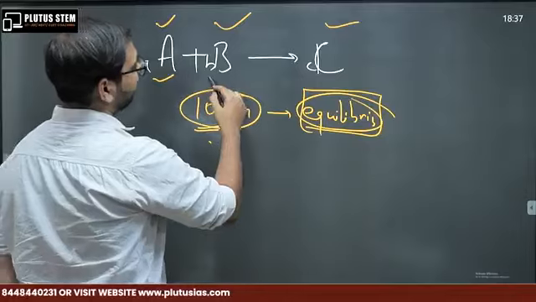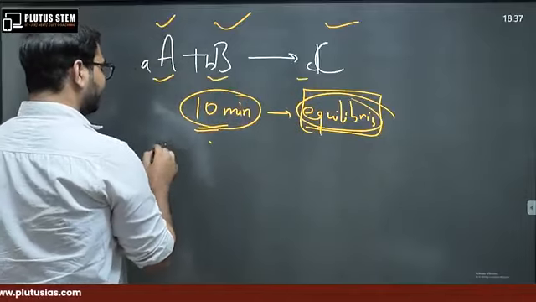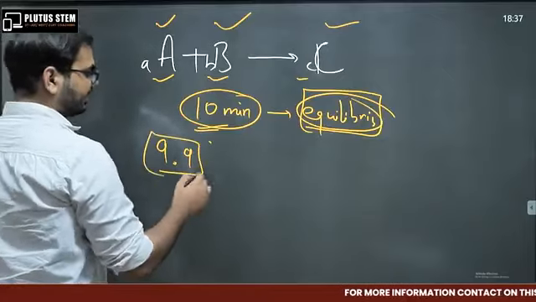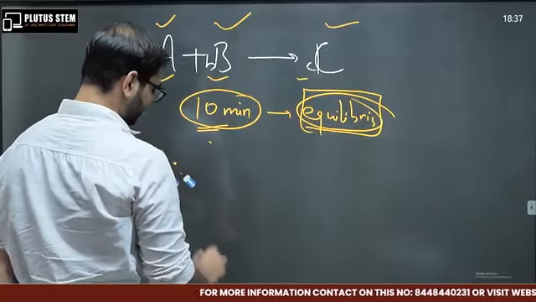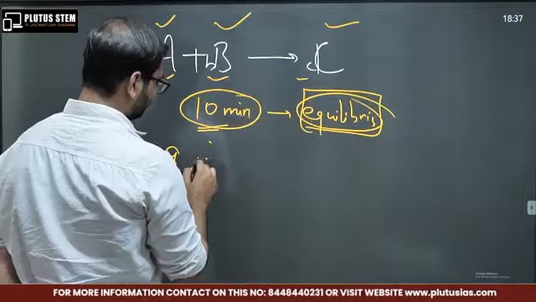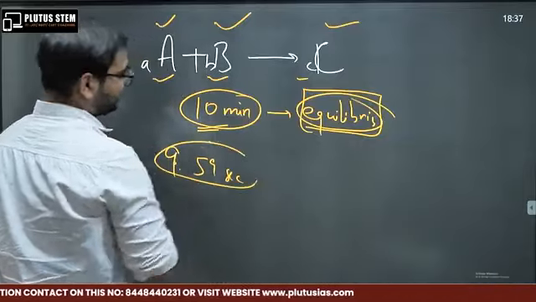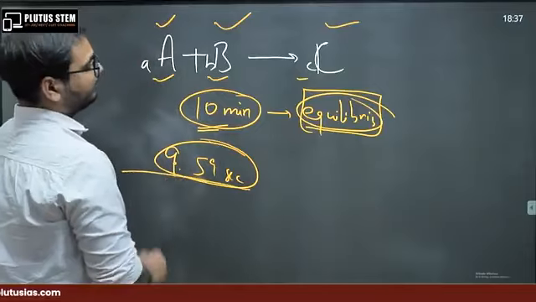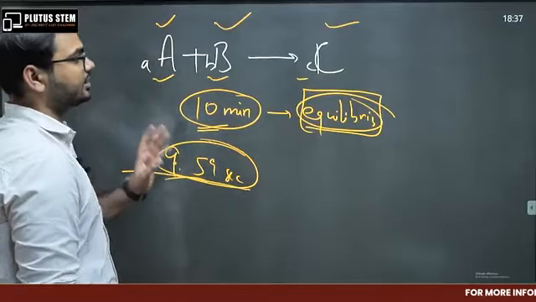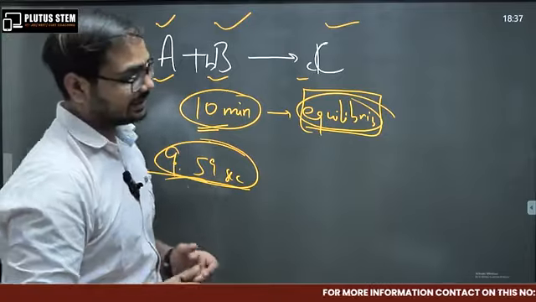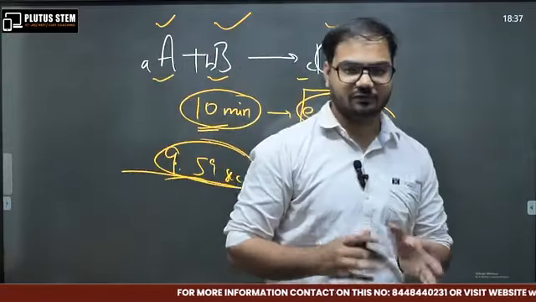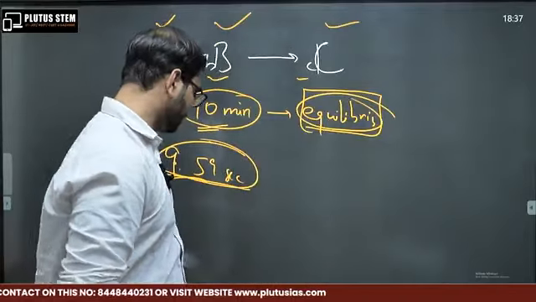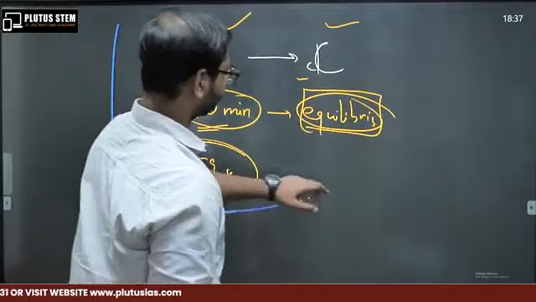While before equilibrium was stabilized, let's say at 9 minutes 59 seconds, since equilibrium has not been achieved, whichever concentrations I take will always give me the reaction quotient. So now we have differentiated what is reaction quotient and what is equilibrium constant. Now let's try to learn the difference between these two.